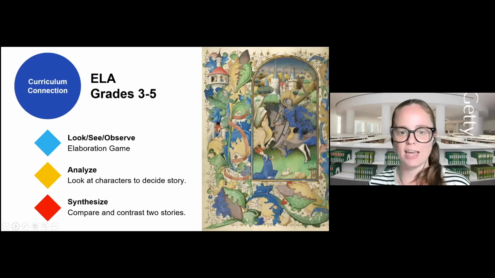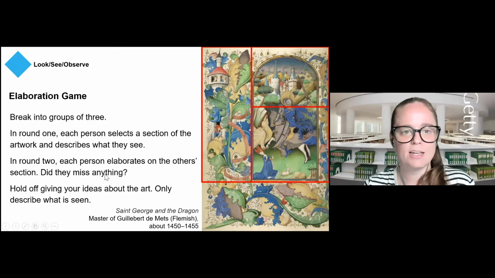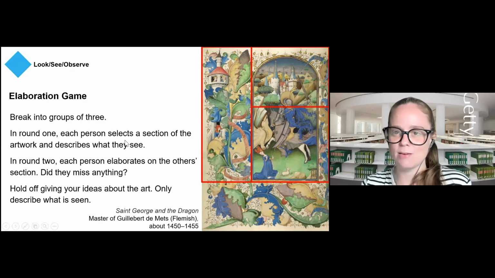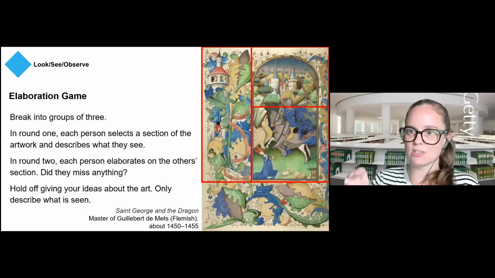The elaboration game, we're going to look at characters to decide the story, and then compare and contrast the two stories. So for the elaboration game, you would break your students into groups of three. In round 1, each person would select a section of the artwork and describe what they see. Then the next person would describe their section, and then the next person.